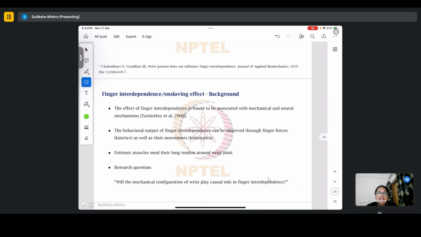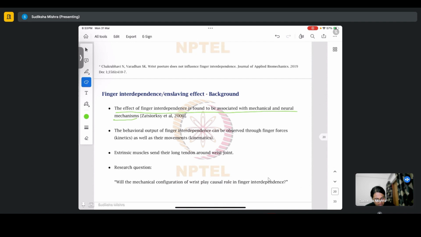So, essentially, what we saw in the first paper is that the effect of finger interdependence is maybe associated with mechanical and neural mechanisms, with the findings pointing more towards neural mechanisms than mechanical mechanisms.